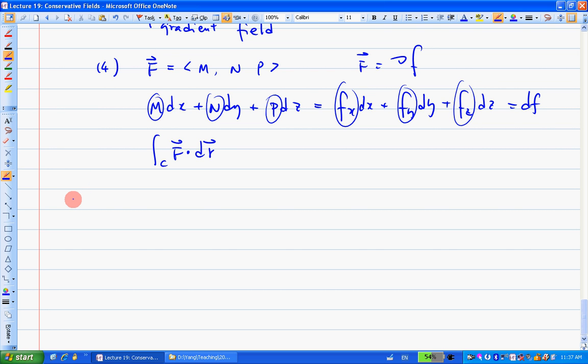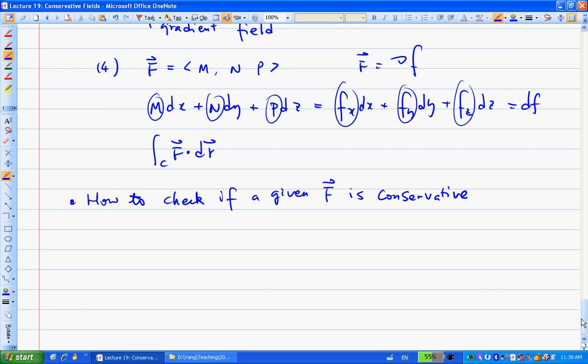Number one question: how to determine, how to check, if a given F is conservative. Here comes another theorem.